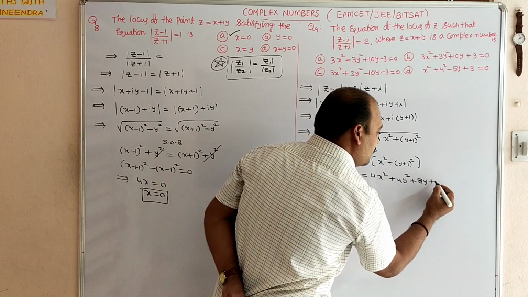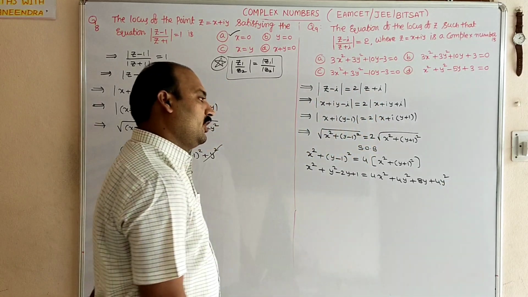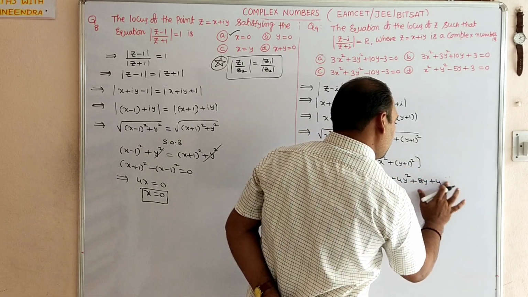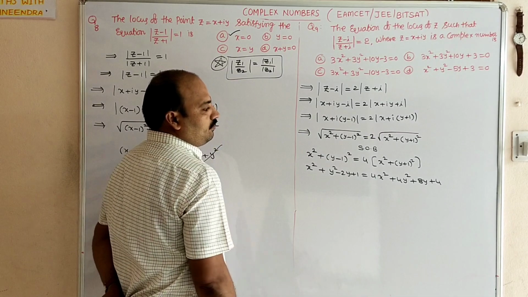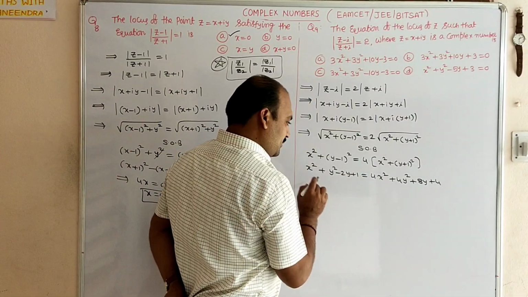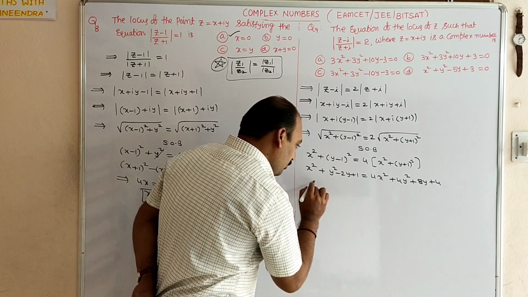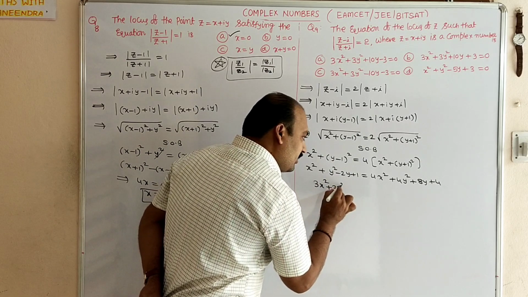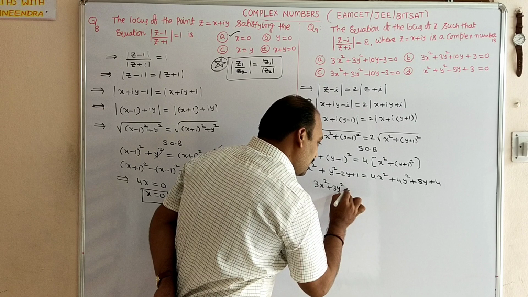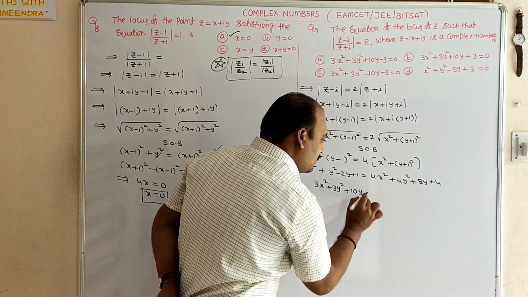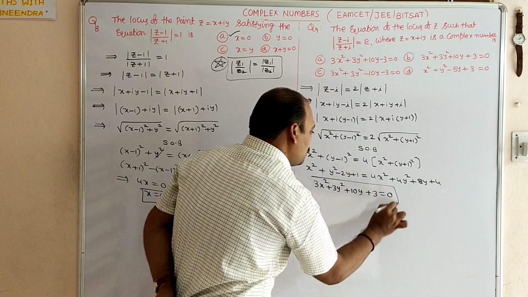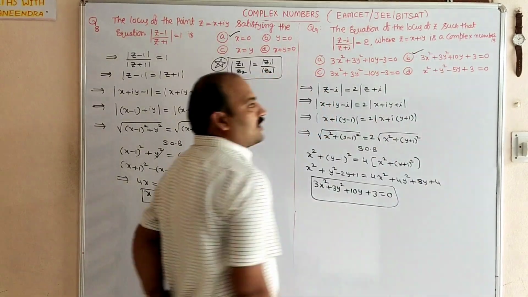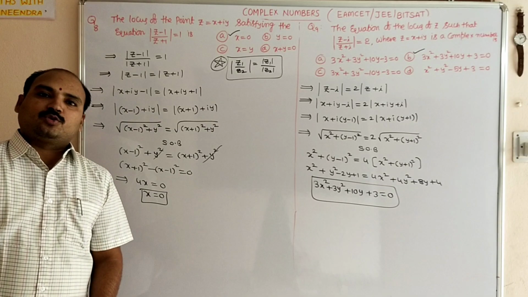Taking everything to one side, 4x² - x² is 3x², 4y² - y² is 3y², the y terms give 10y, and 4 - 1 gives 3. So 3x² + 3y² + 10y + 3 = 0 is the required locus for the given condition, which is there in the second option. We will go to the next question now.